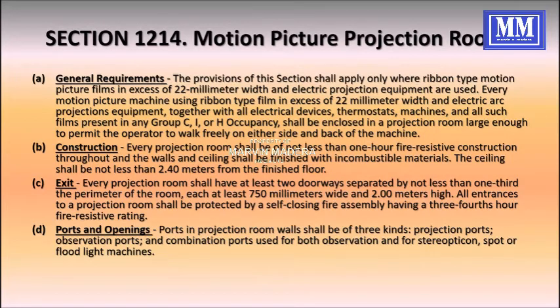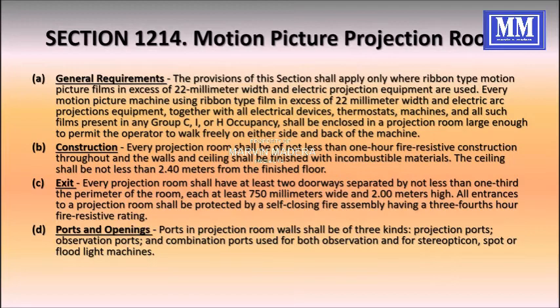Every projection room shall be of not less than 1 hour fire-resistant construction throughout, and the walls and the ceiling shall be finished with incombustible materials. The ceiling shall be not less than 2.4 meters from the finished floor. Every projection room shall have at least 2 doorways separated by not less than one-third the perimeter of the room, each of at least 750 millimeters wide and 2 meters high.